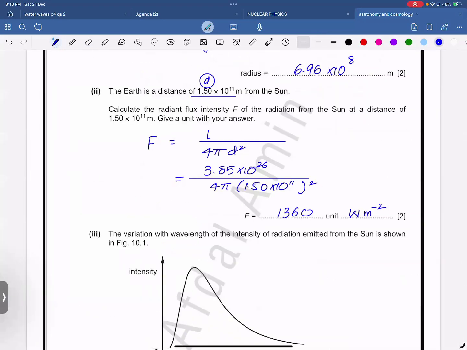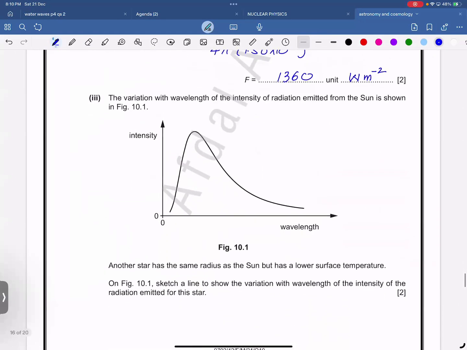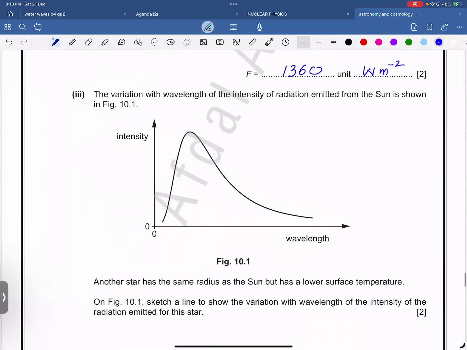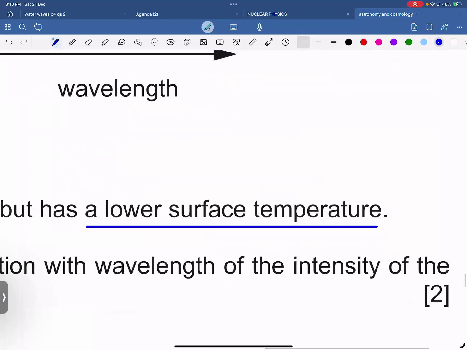Wien's displacement law. The variation with the wavelength of the intensity of the sun is this. Another star has the same radius, lower surface temperature. If surface temperature is lower, the wavelength at the peak intensity will be more. Two things will be here, my dear, not only one. Why?